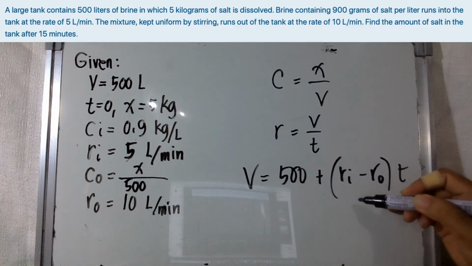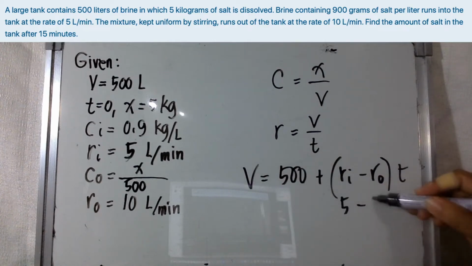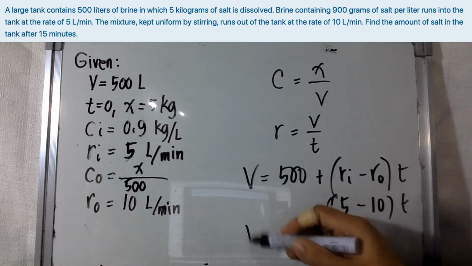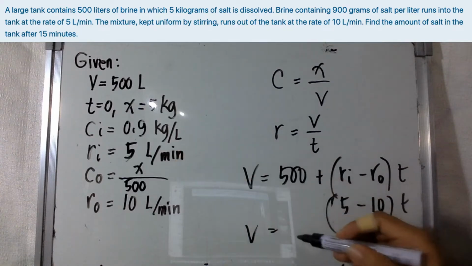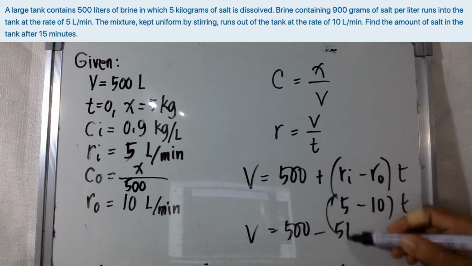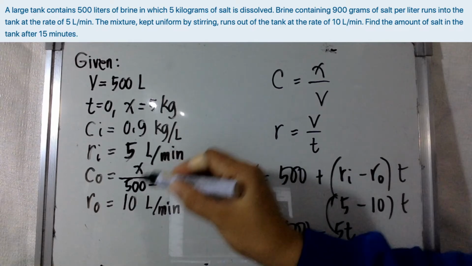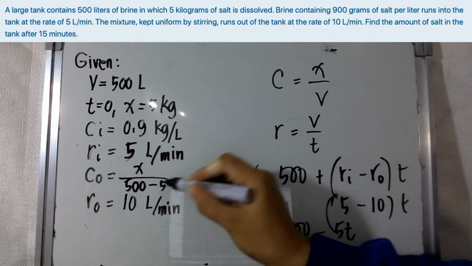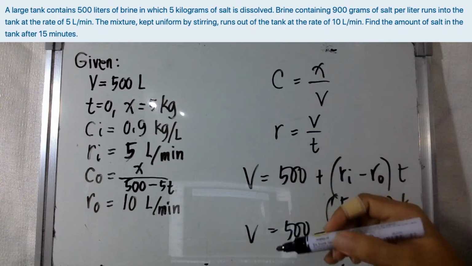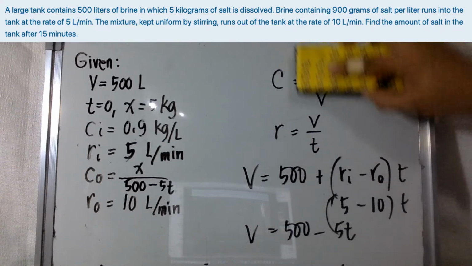As you can see, R sub I is 5 and R sub O is 10. Now we have the new volume to be divided here: 500 minus 5 times t. So this is now x over 500 minus 5t. And of course, the unit is kilogram per liter.